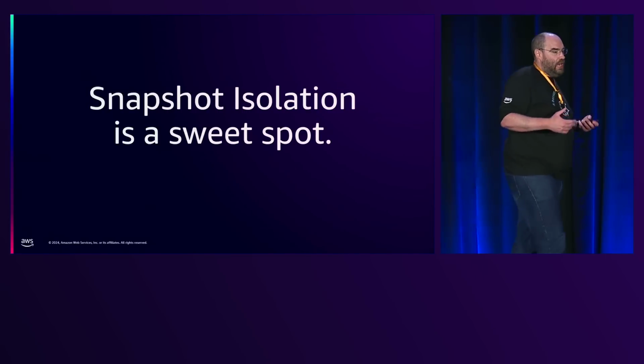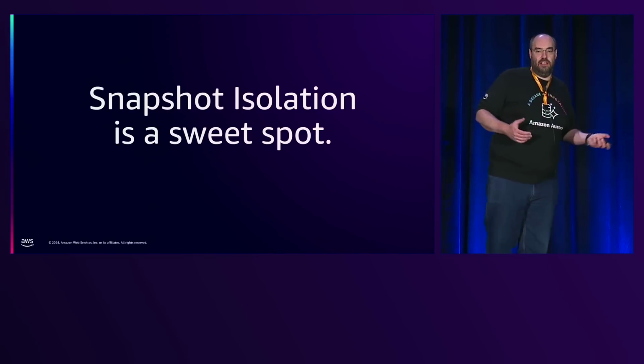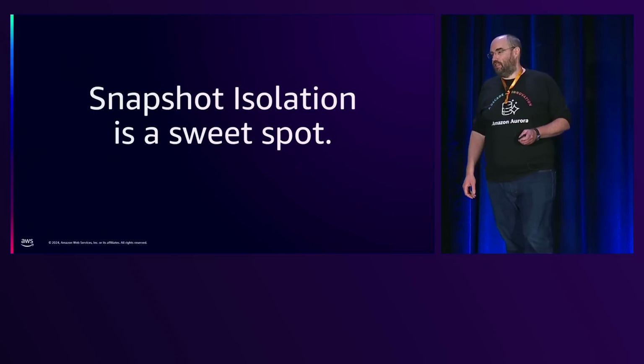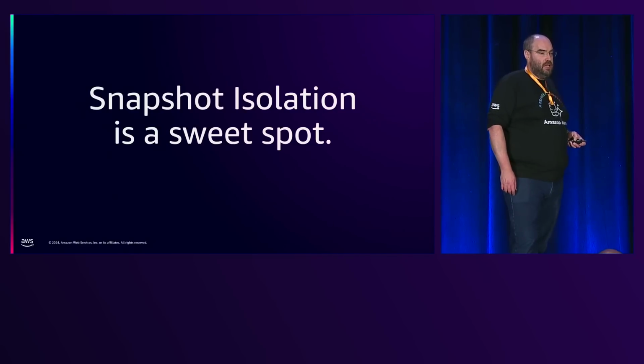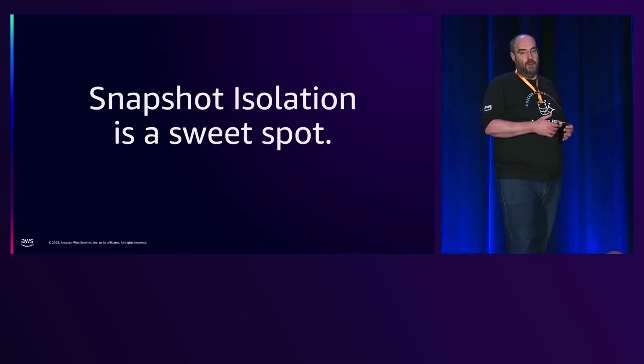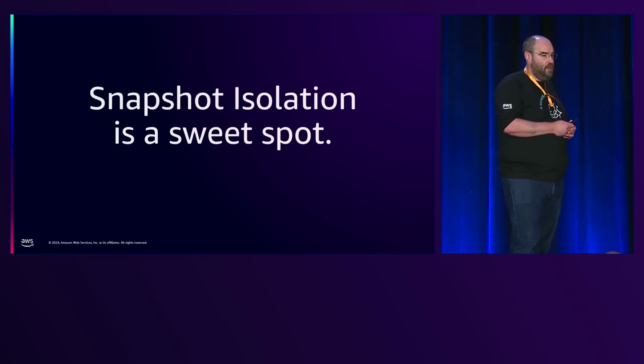Over time, we're quite likely to add other isolation levels, other consistency levels to DSQL to meet the requirements of particular applications that need those. But we think for most distributed applications, strong snapshot isolation is a sweet spot.